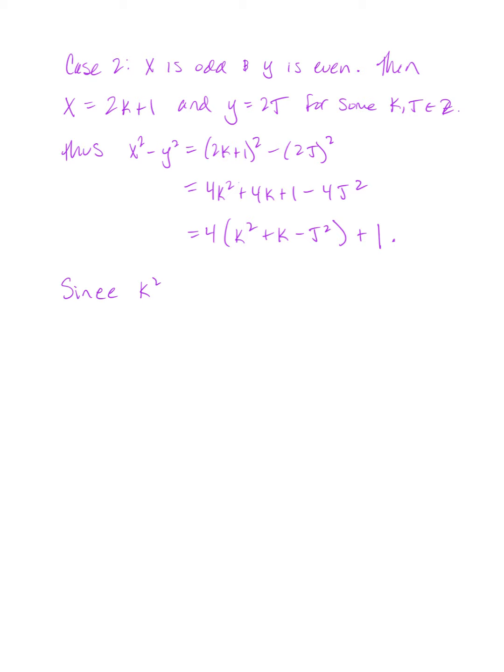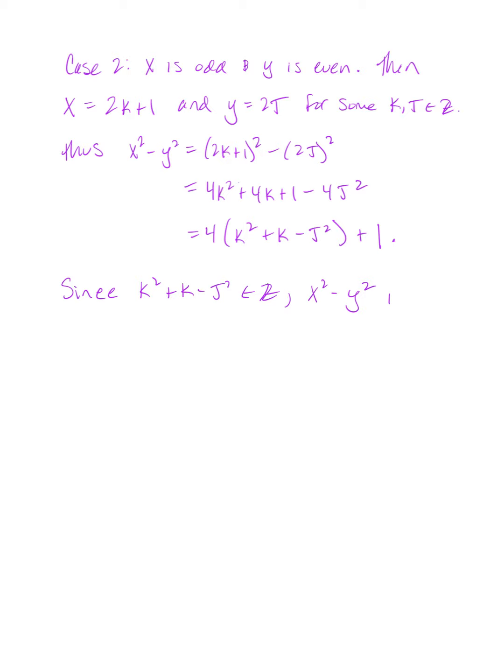Since k squared plus k minus j squared is an integer, x squared minus y squared is 4 times an integer plus 1, which means it's not a multiple of 4.